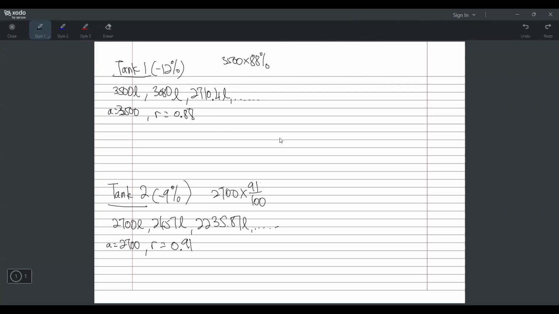So how I will do it is, I think I will just keep on dividing. I'll just do it manually. I think it's way better, because you can see that this one is 2,700, this one is 2,200, right? So let's try to times again with 0.88, because this one decreased 12%.